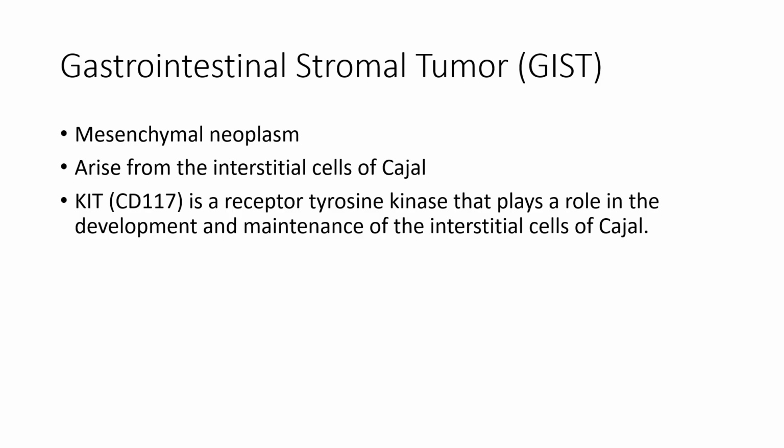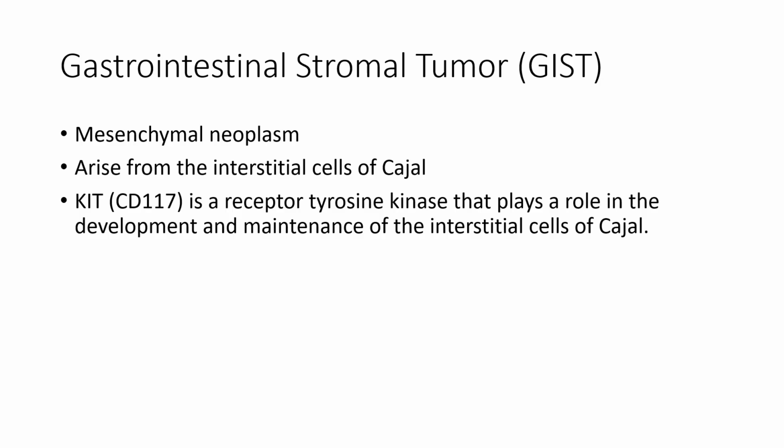Interstitial cells of Cajal are present throughout the wall of the gastrointestinal tract, and they function to coordinate the peristalsis by generating and propagating electrical waves of depolarization. These interstitial cells are mesenchymal cells, and they are located within the muscle layers of the alimentary tract, and they mediate communication between the autonomic nervous system and the smooth muscle.